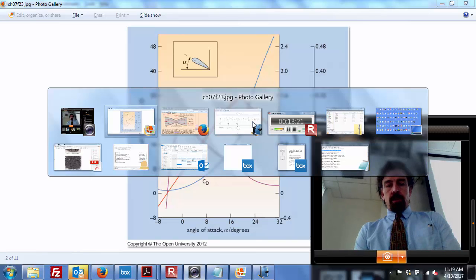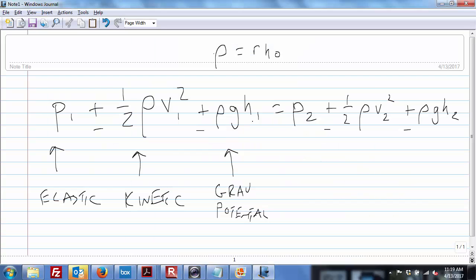Another very important equation to know. I think this is in the book, but I just want to talk about it while I'm thinking about it. The force of drag equals 1/2 C sub A, times A, rho V squared.